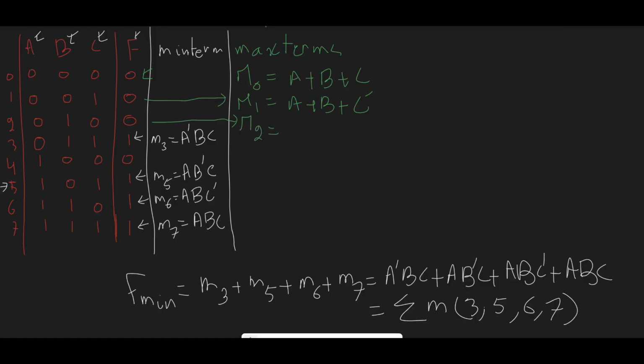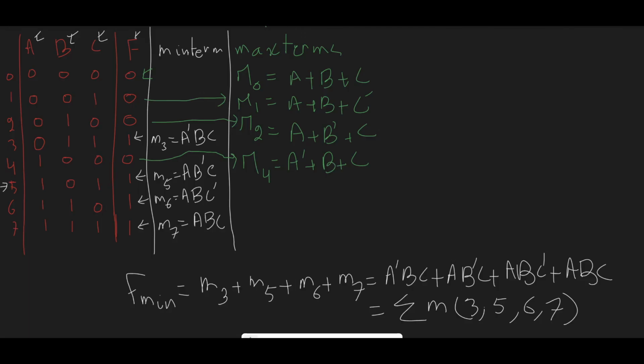M2 will be equal to A is 0, that's A, plus B is 1, B prime, plus C. And then we have this row here. M4 will be equal to A bar plus B plus C.